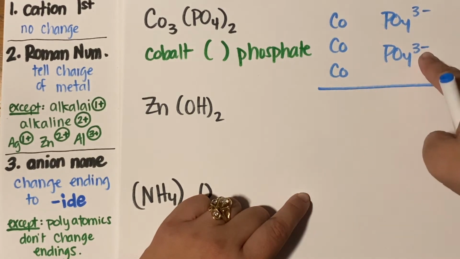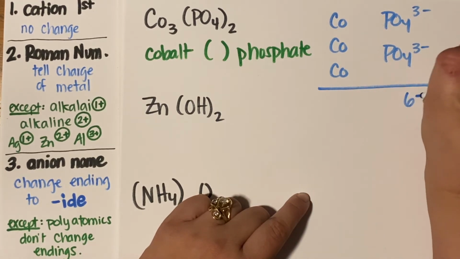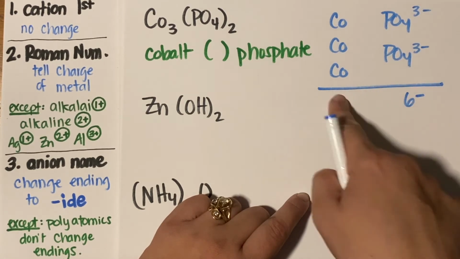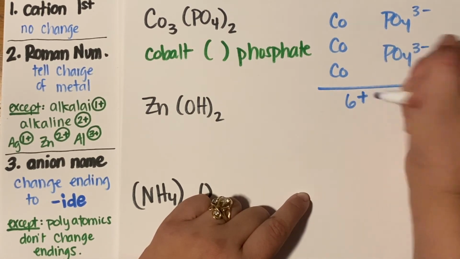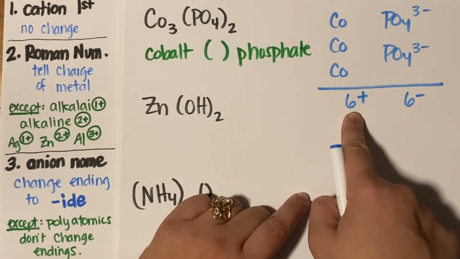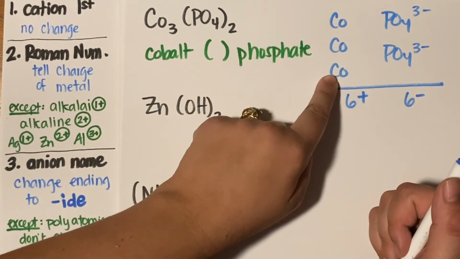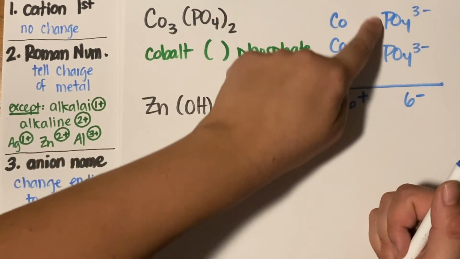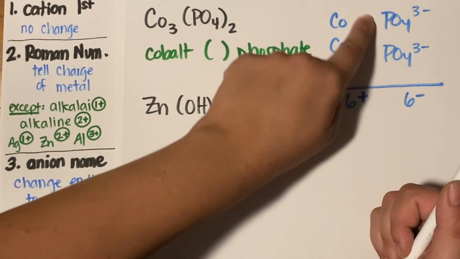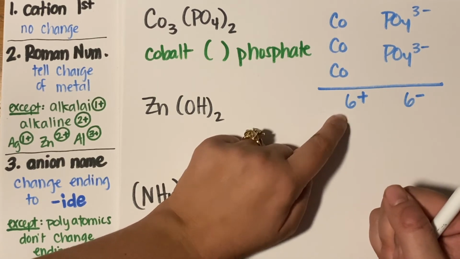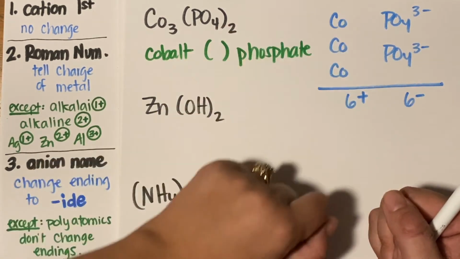All right, so 3 minus 3 minus, that means I have a total of 6 minus from my anions. To balance it out, that means I have to have 6 plus from my cations. Okay, now here's the tricky part when you have something like this. Because these 3 cobalts need to all add up to having a 6 plus charge. So I can't say each cobalt has 6 plus.